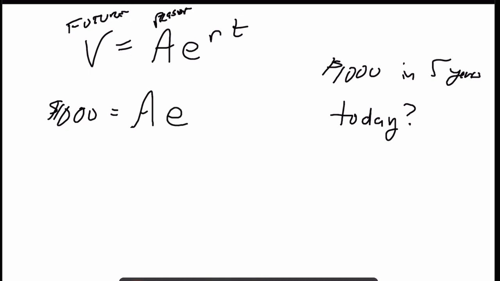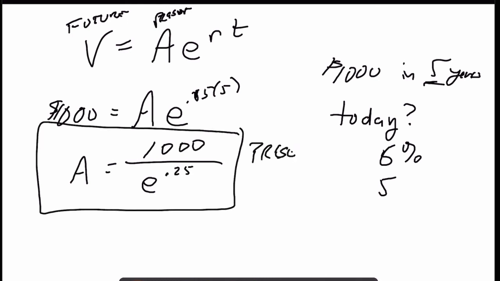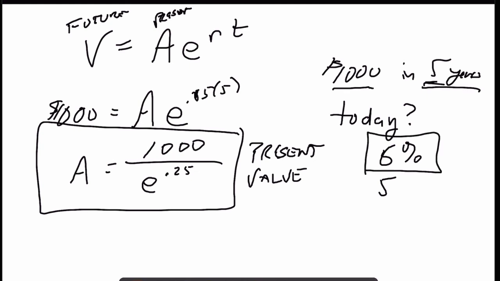And let's say the interest rate is 5%, and you got 5 years. 0.05 times 5. Now I just solve that for A, right? So the present value of that is $1,000 over e to the 0.25. And that's the present value of $1,000 in 5 years at 5% interest. Continuously compounded, continuously discounted. Okay?